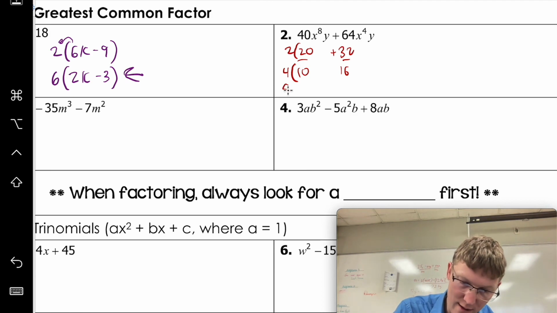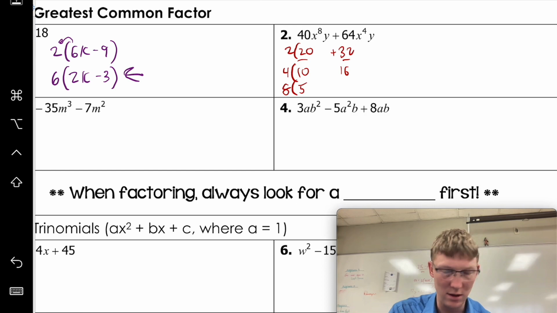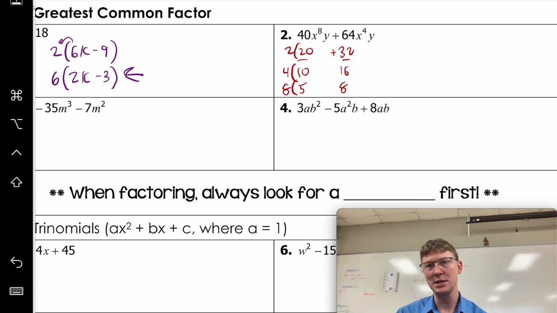So now that's going to be 5, and that's going to be 8. 16 divided by 2 is 8. Okay, see how I did that? I used small numbers until I got to the final step. It's an extra couple of steps, but if you don't immediately see that an 8 is divisible by both 40 and 64, that is one strategy that you can use. It's a strategy that I use.